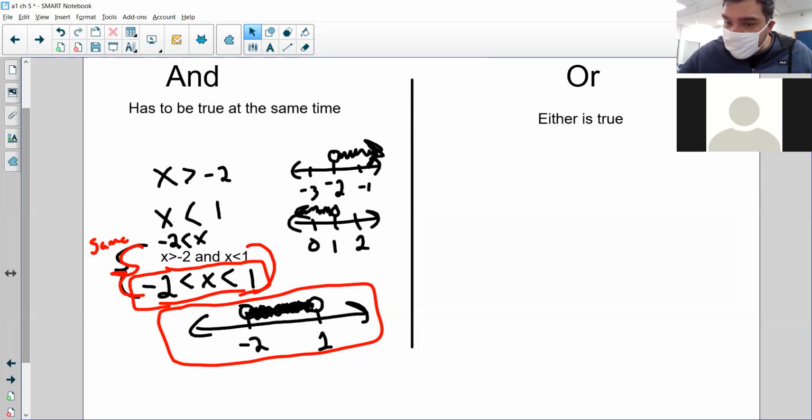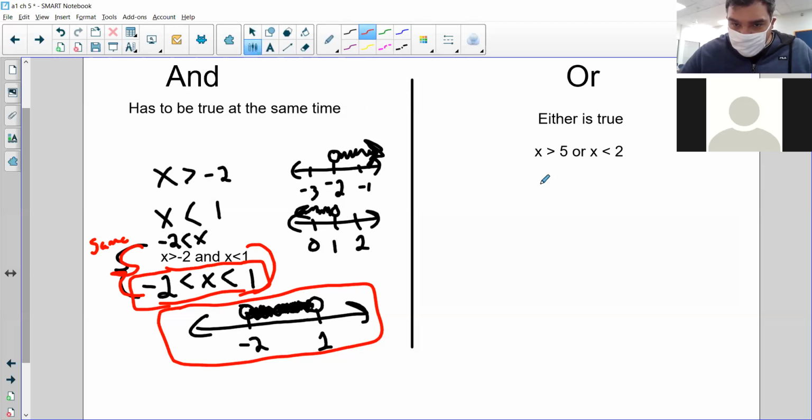So we're going to have an example like this. X is greater than 5 or X is less than 2. Now, you don't have to draw it as two separate lines like I'm doing here. This is just for your notes to explain what's happening.